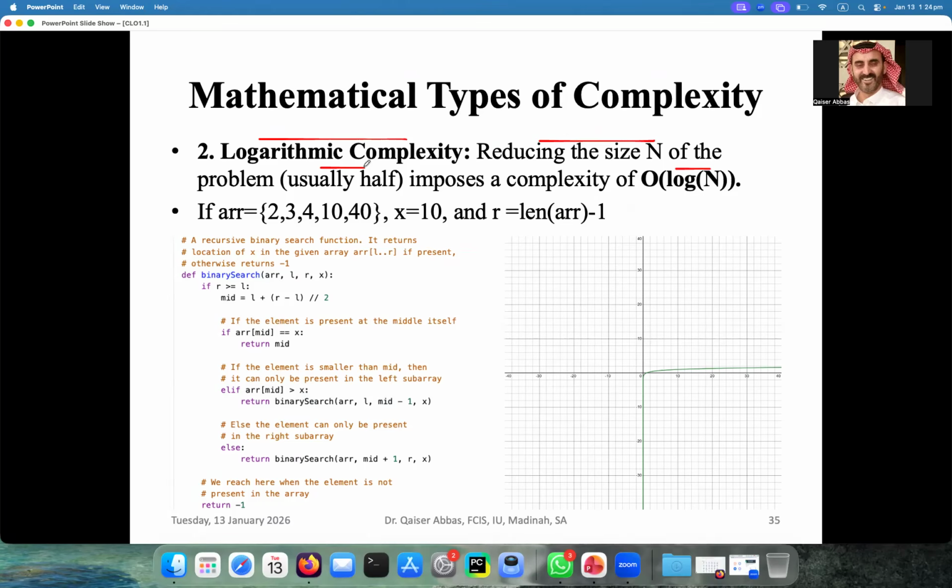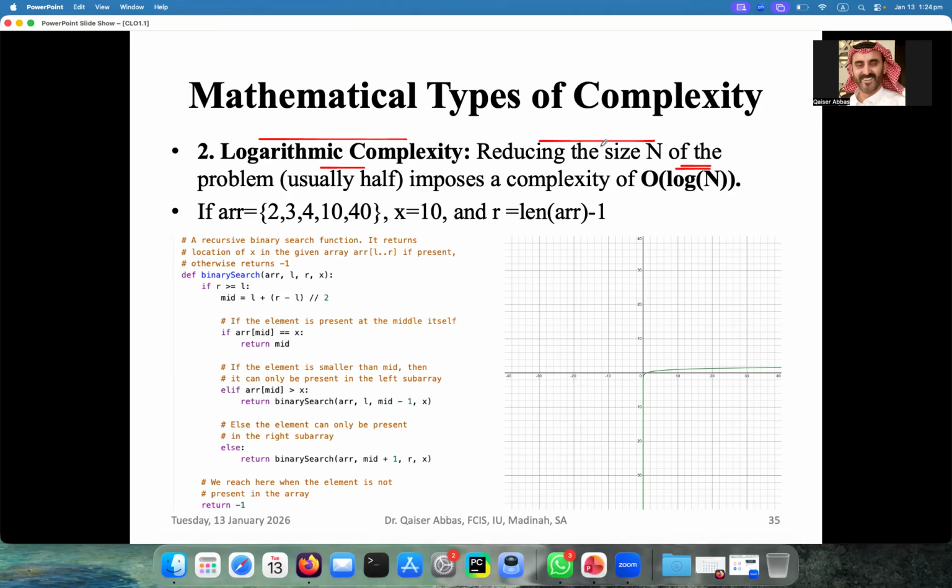If you divide 5 by 2, you will get maybe 2.5. So log of n is like n by 2. Sometimes you are reducing the problem like n by 3, n by 4. Then it is not log of n, and you have to write that mathematical formula. But here I am saying logarithmic complexity when you are using log.